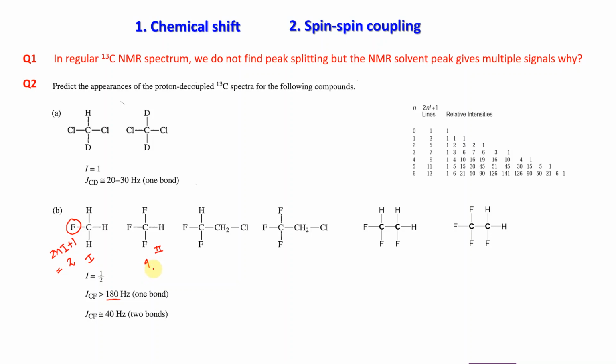This is Pascal's rule, Pascal's triangle, because your I is half, so 1:3:3:1.